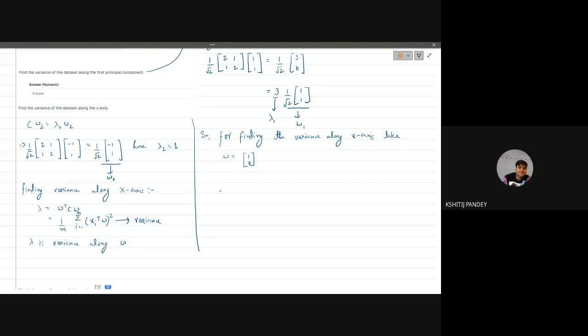So this is simple. Now variance along x I am representing by this.